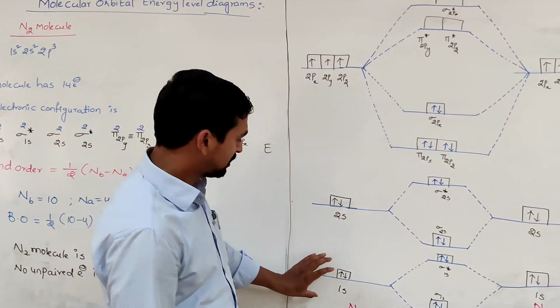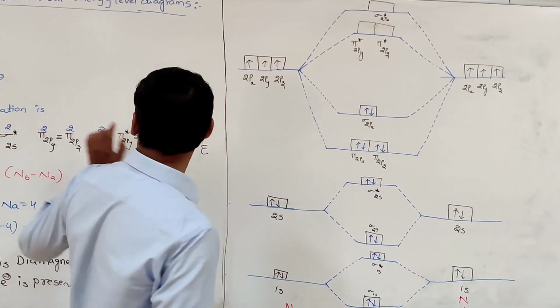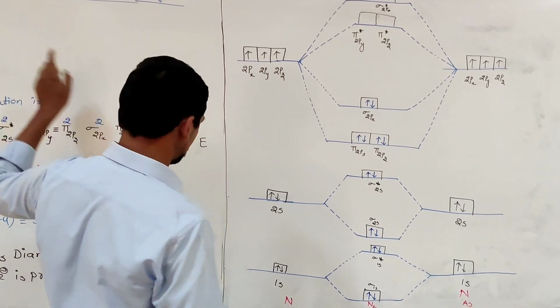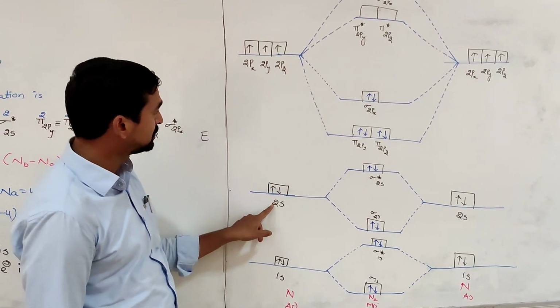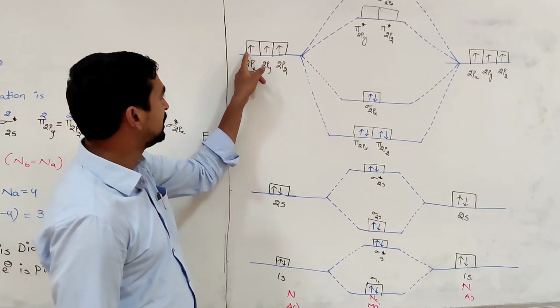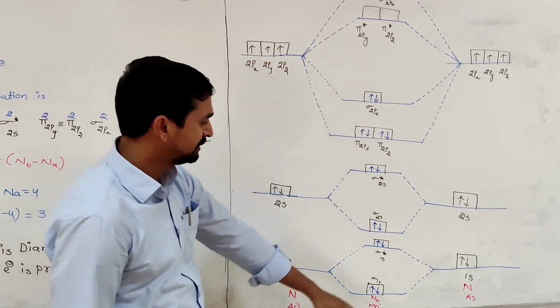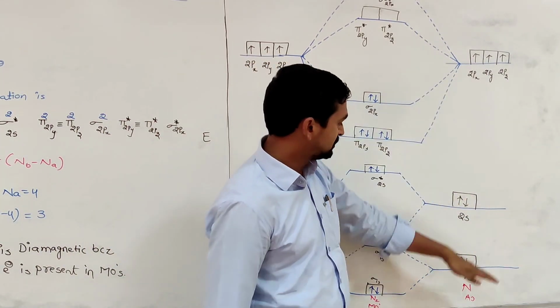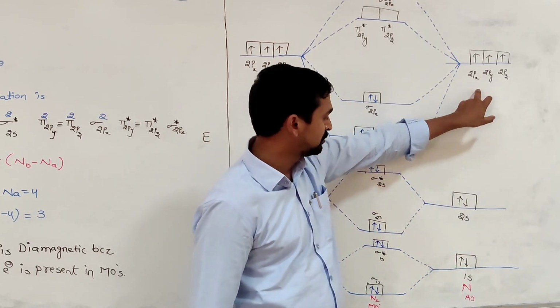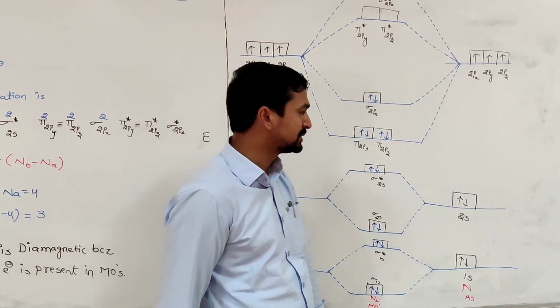The electronic configuration of nitrogen is 1s2, 2s2, 2p3. In 1s there are 2 electrons, in 2s 2 electrons, and in 2p each orbital accommodates 1 electron. Similarly you fill up 1s, 2s and 2p3 for the second nitrogen atom.